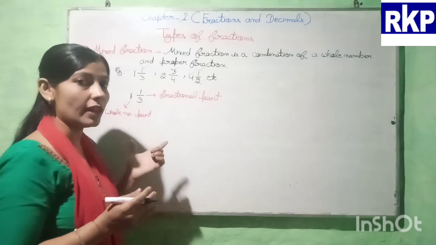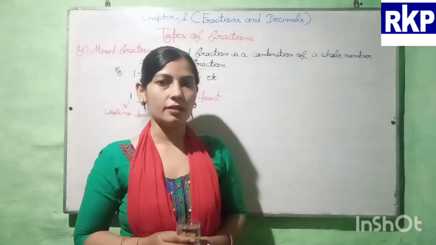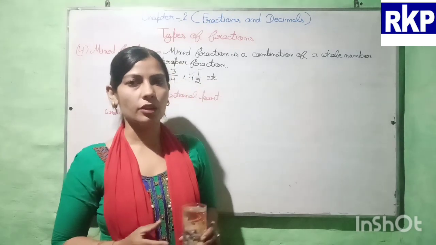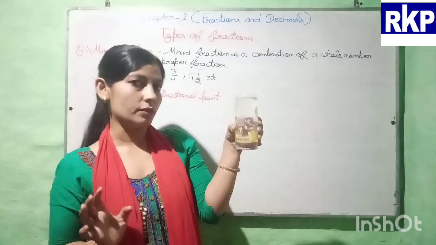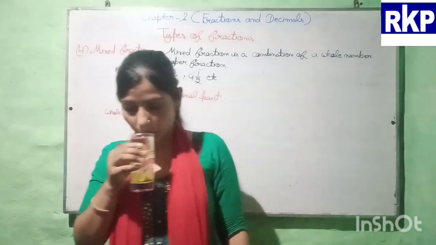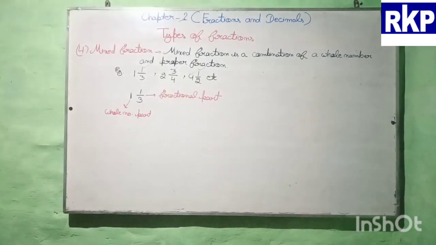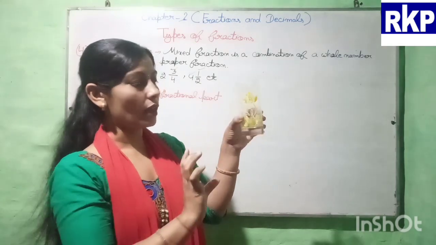Now let us see one example to understand it. Students, I am very thirsty. So I want to drink water, and here I am having 1 glass of water. So let us drink. Students, now I have drunk this full glass of water.